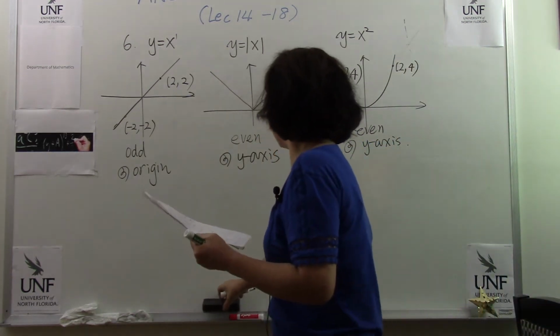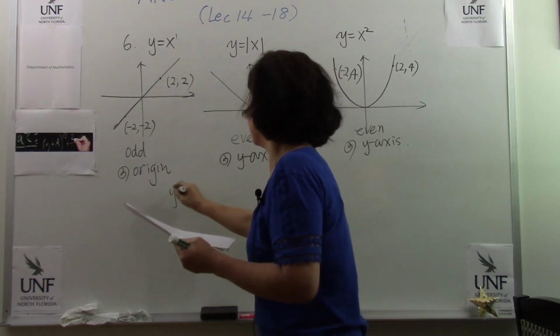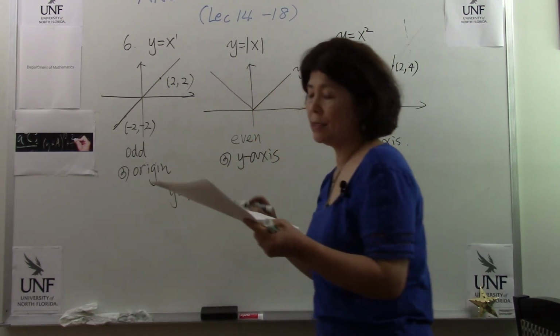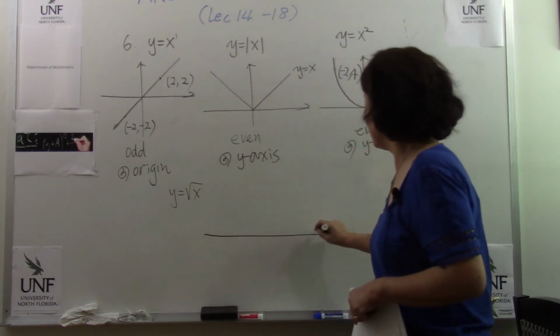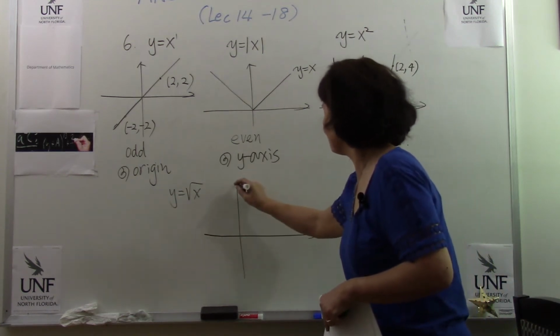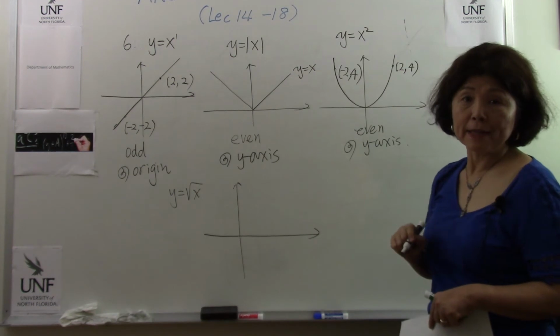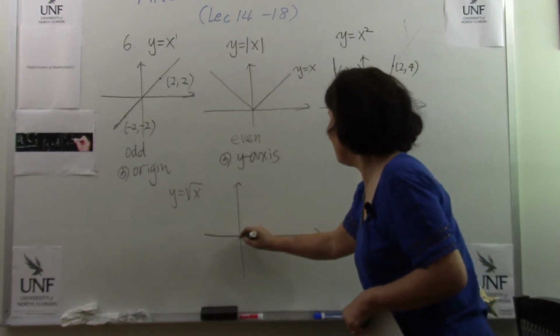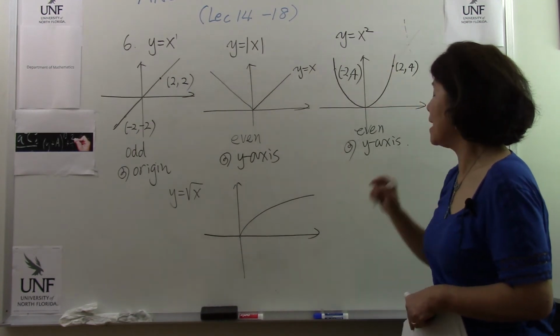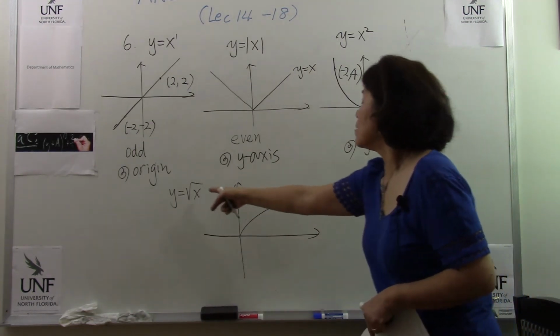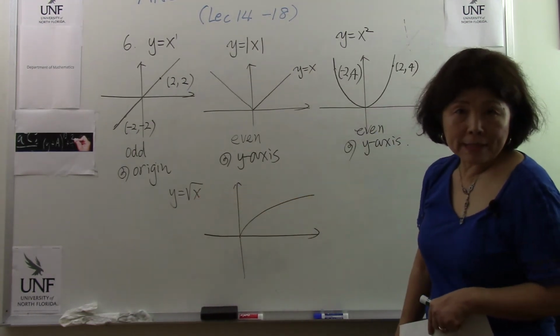Y equals square root of x. Oh, this is a different story. Do you remember the graph? This is half of a parabola. Half of it looks like this, only one side, and x is under the radical sign.